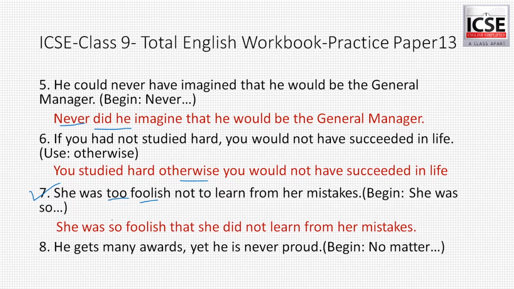So she was so foolish that she did not learn from her mistakes. One more thing you can remember, very often you get an instruction remove too. If that is the case, if you get an instruction like this, most probably you can join the sentence or rewrite the sentence using the same structure. So, dash that.